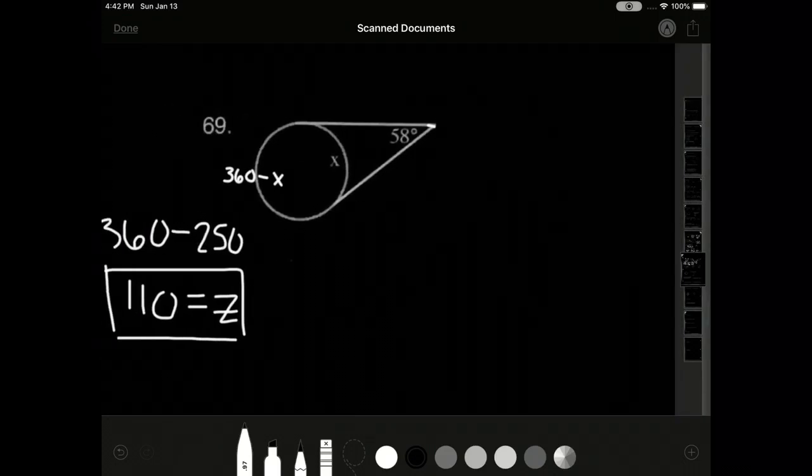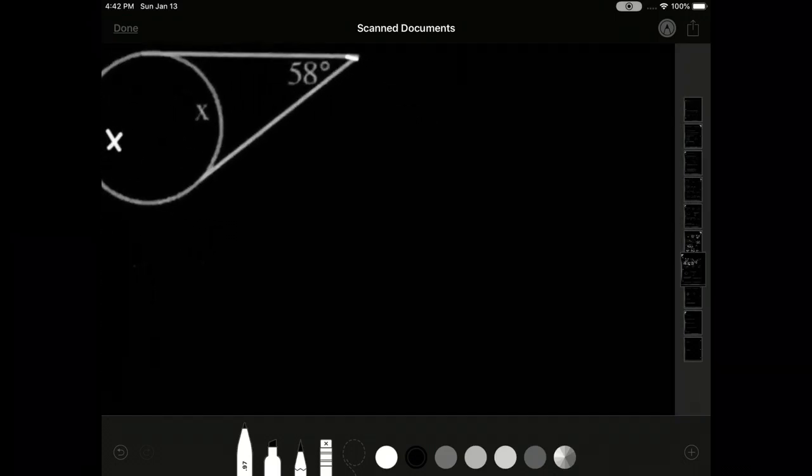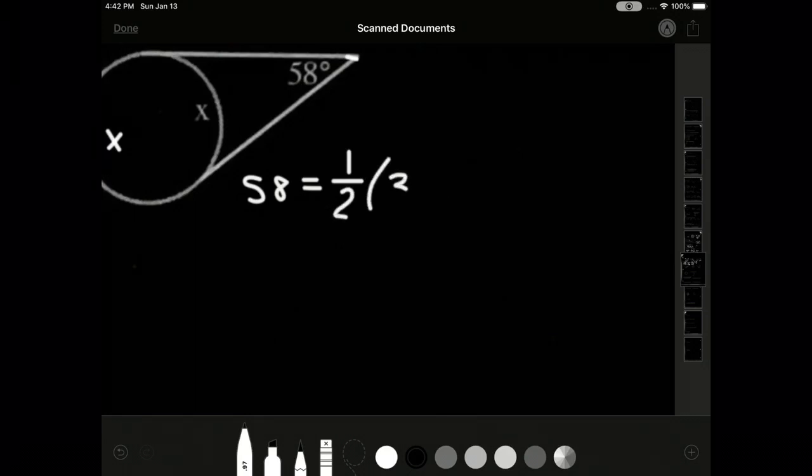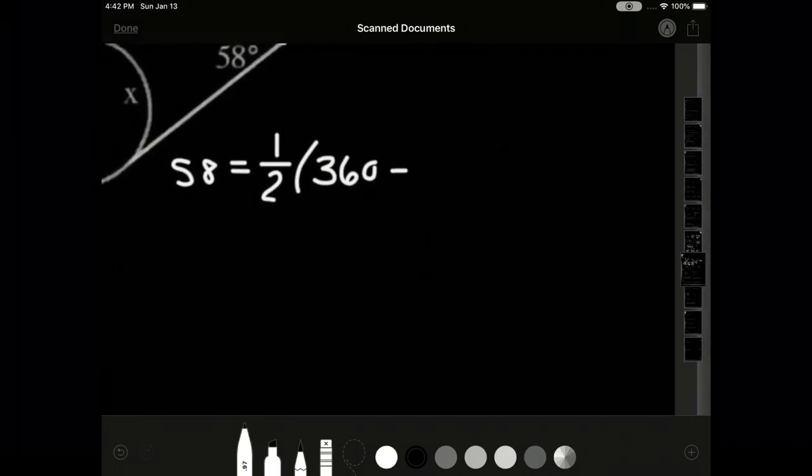So what we're going to do is we're going to take 58, set it equal to 1/2 360 minus x minus another x.